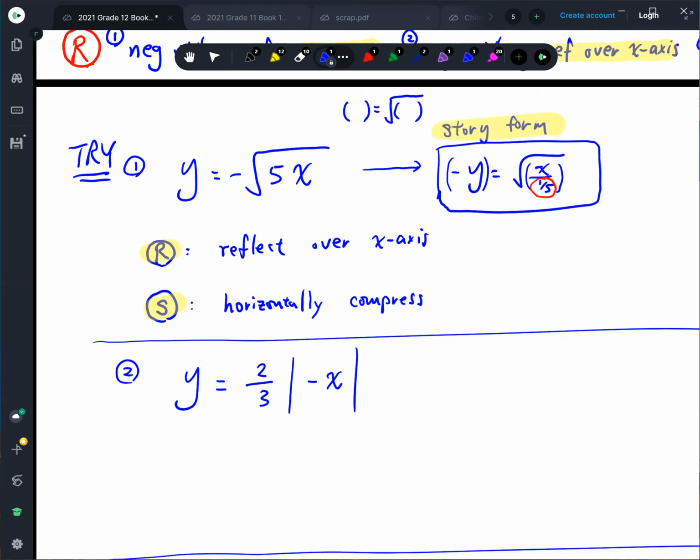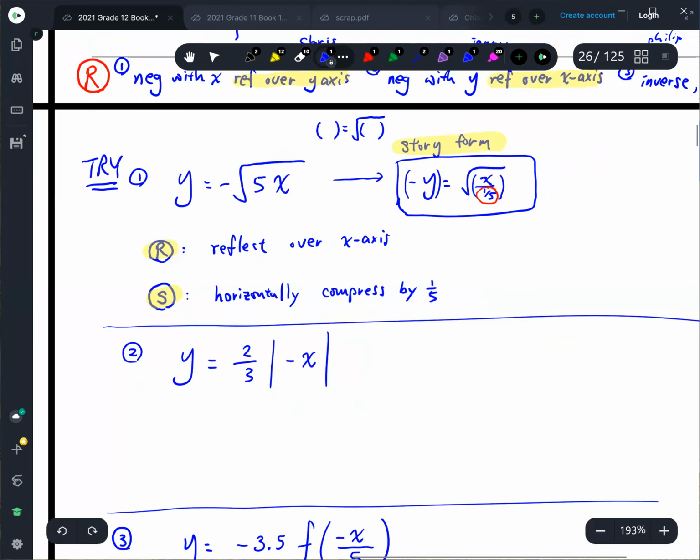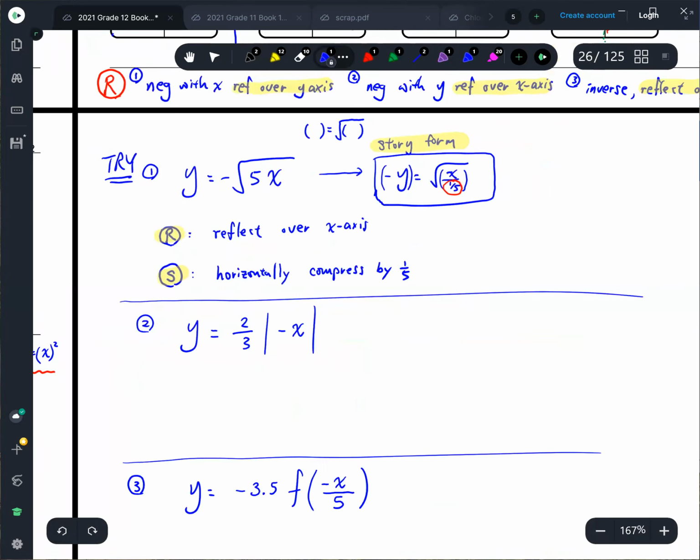Why not expand? Justin, how do you know it's compressed? Because the number is less than 1. Very good, 1/5 is less than 1, so compressed by 1/5. Okay, understand, Justin? So you just look at the negative for reflection, and look at the number under for the expand or compression.